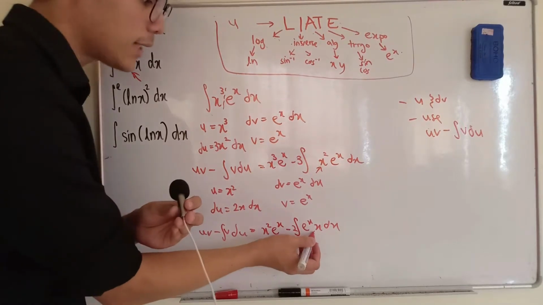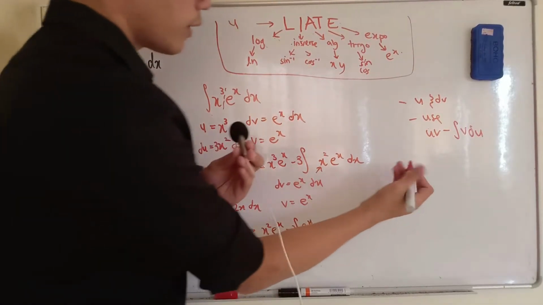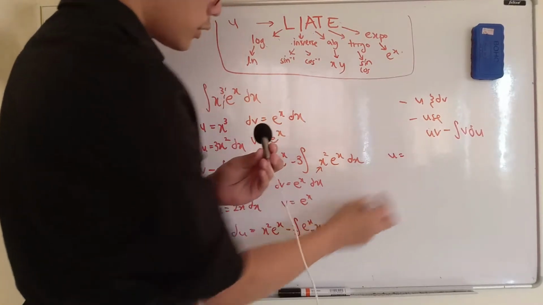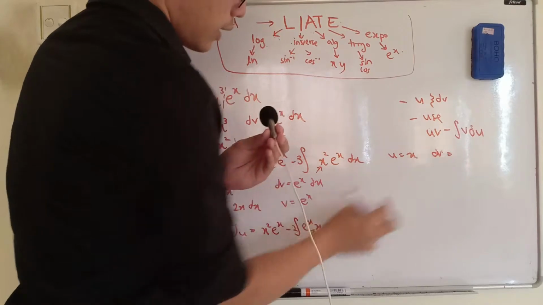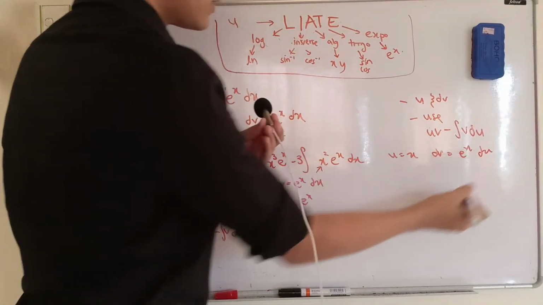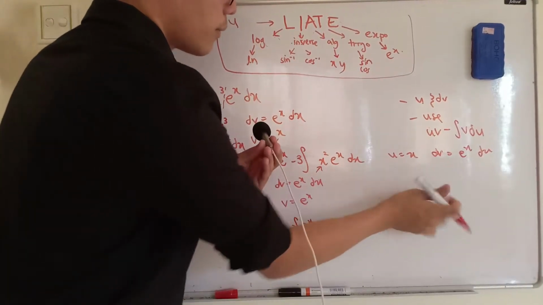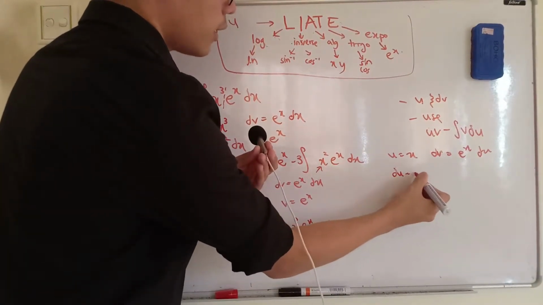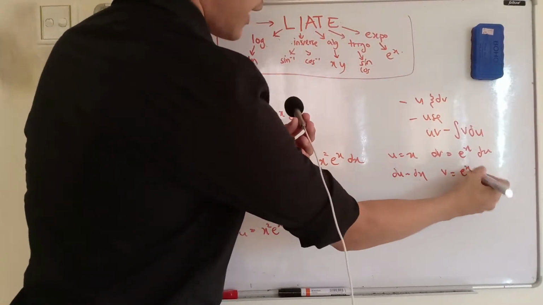You still have your s power 1 over here, so just do it for the last time, okay? So I'm going to do it over here. So your u equals s, your dv going to be e^s ds, okay? So we just differentiate it, du equals ds, and v equals e^s.